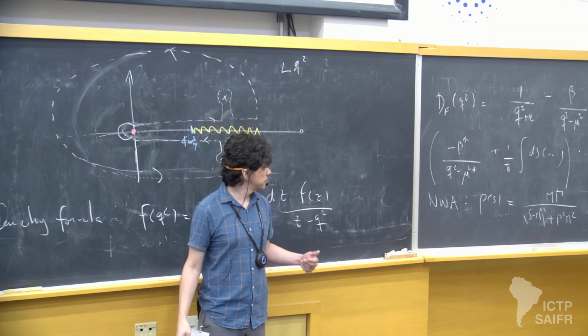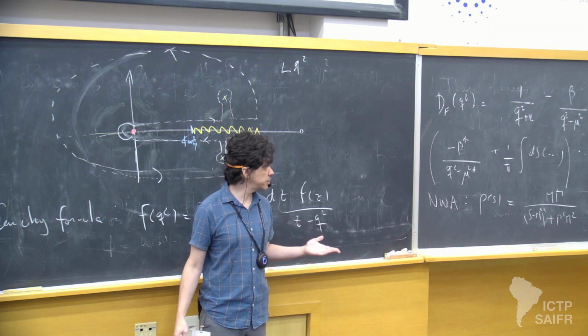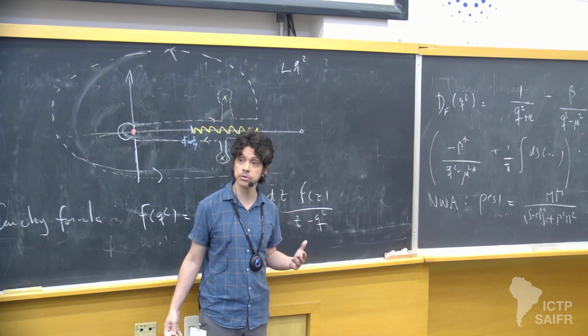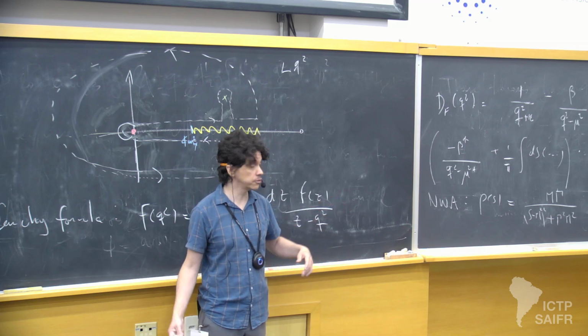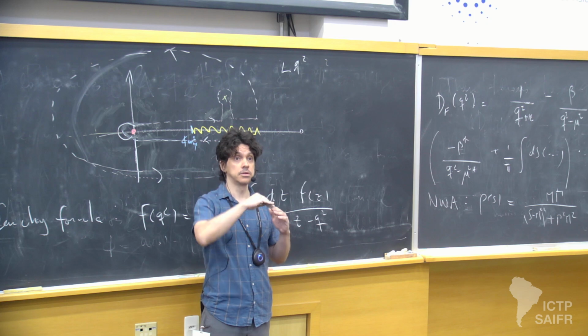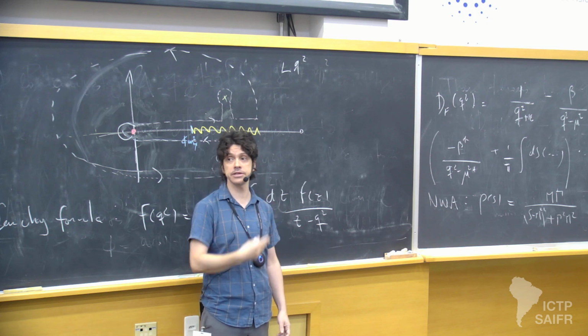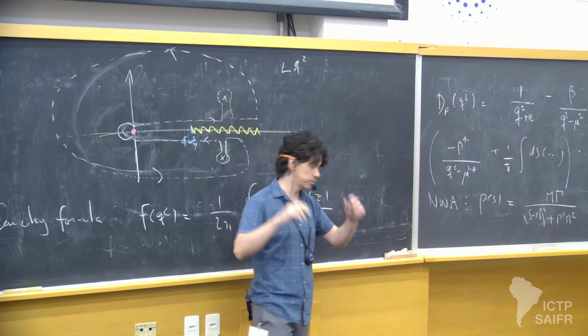Because being in the narrow width approximation means this unstable particle may be confused with a stable particle. So the spectral function has to be peaked at some point, associated with what we would call the mass of this particle, right?